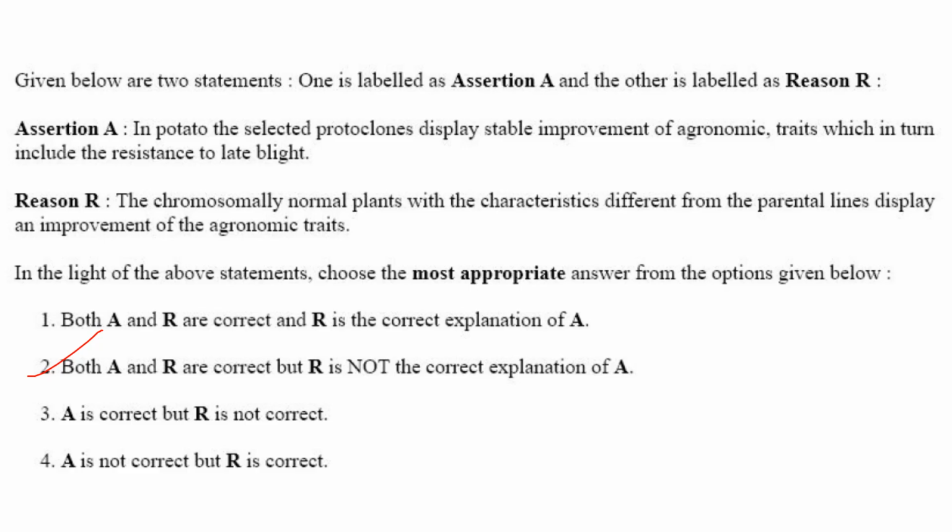So the assertion is correct. The chromosomally normal plants with characteristics different from the parental lines display an improvement of agronomic traits. That's also correct, but it doesn't have any relation with the assertion. So A and R are correct, but R is not the correct explanation of A. Answer is option 2.